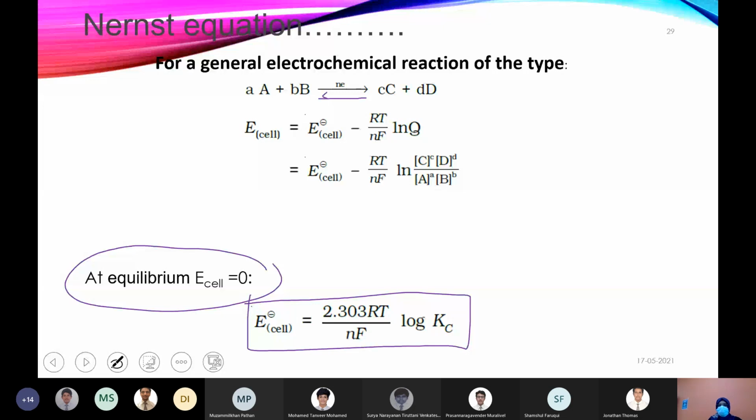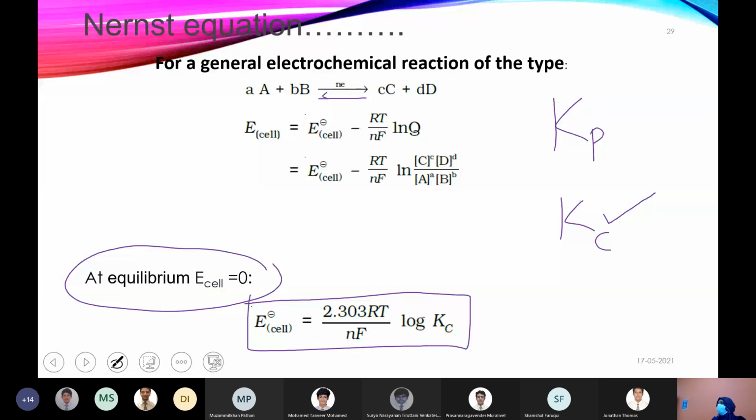E0 cell is equal to 2.303 RT by nF log Kc. K here is the equilibrium constant in terms of concentration. We have Kc and Kp, which we discussed last year, right? Equilibrium constant can be expressed in terms of concentration or pressure. Here we are using the equilibrium constant in terms of concentration, because we are dealing with electrolytes, not pressure.